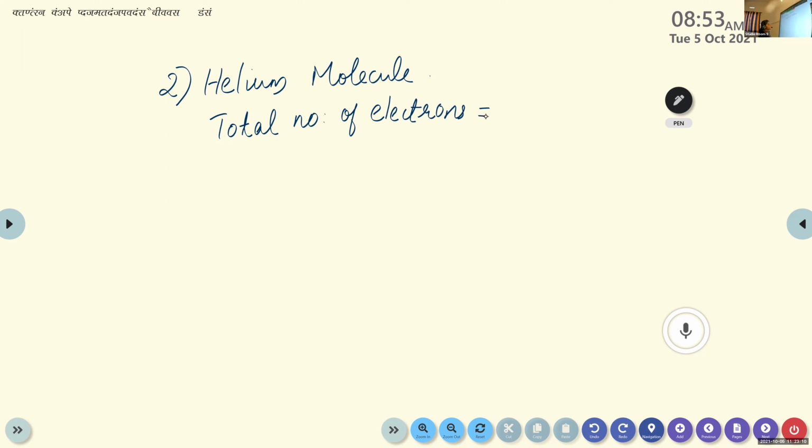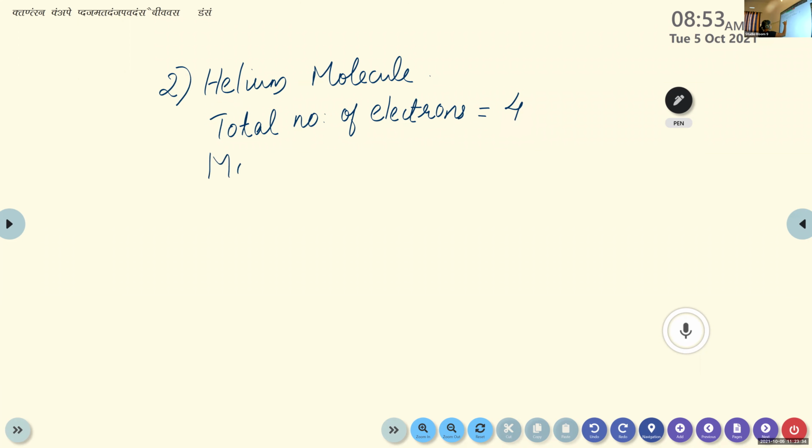So here also 2 helium atoms combine together for the formation of the helium molecule because it is diatomic, right? So what about the total number of electrons? Yes, it's 4, right? Because in each helium atom, there are 2 electrons. So here the total number of electrons is 4.